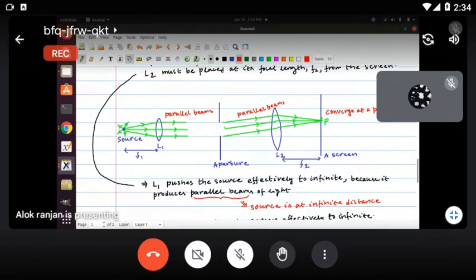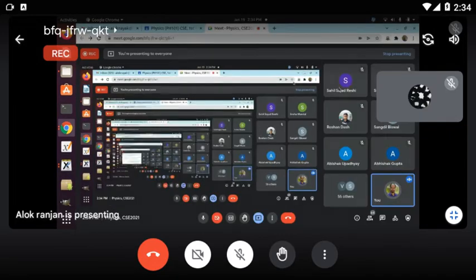The single slit diffraction experiment falls in the Fraunhofer class of diffraction. So we'll study the diffraction theory through the Fraunhofer class of diffraction using the single slit experimental setup. That we are going to discuss in the next class. So this is all about the elementary part of diffraction.